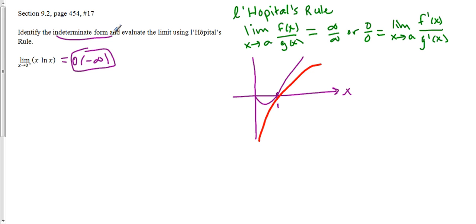Now this is an indeterminate form, which means I haven't found an answer. This doesn't have any meaning. I need to keep going. But unfortunately, it's not the right indeterminate form for me to apply L'Hopital's rule. So I've got to use the tricks that I was talking about earlier. When we have 0 times plus or minus infinity, we're going to do a substitution.